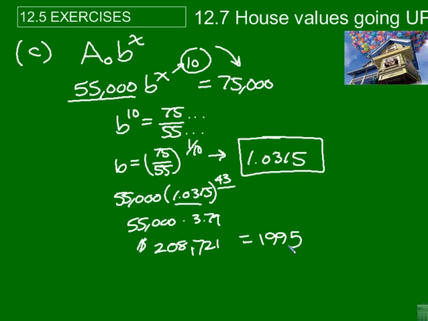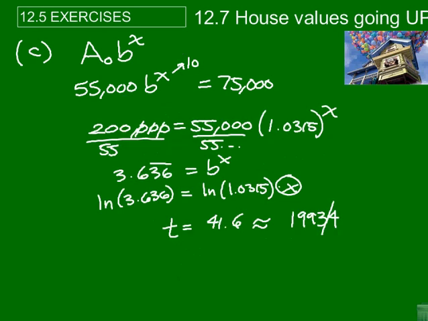Now the question becomes, when will it reach 200,000, which obviously it's going to be slightly less than 1995. So here we go. 200,000 equals the formula here. Divide by 55,000 on both sides.